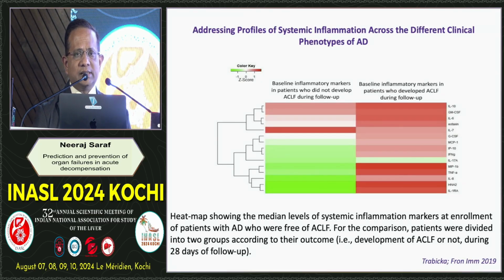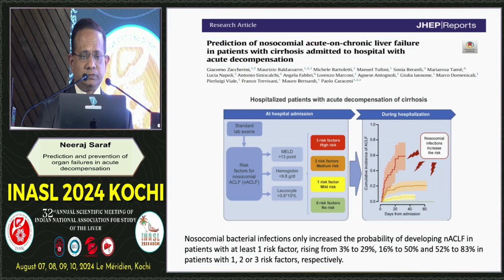A lot of work is going on biomarkers, and this is again a paper from Trebicka et al., who have done a lot of work on acute decompensation, published in Frontiers in Immunology. And this is a heat map showing the median levels of systemic inflammatory markers at enrollment. And you can see that the markers were significantly higher in patients who went on to develop ACLF as compared to those who did not.